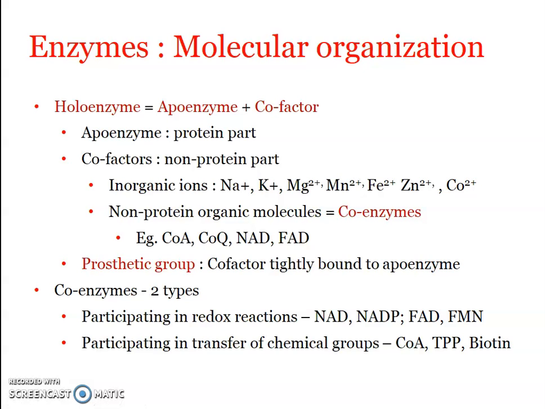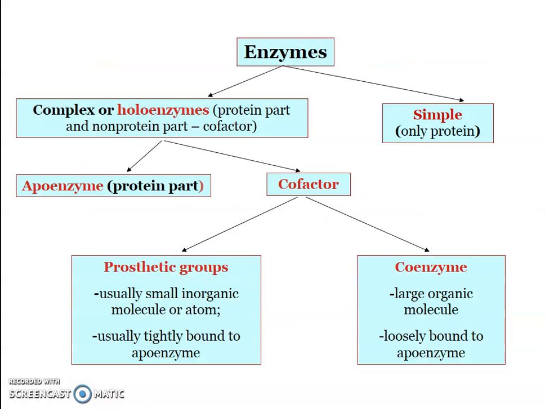So, this is about enzymes. Now this is a classification. Enzymes can be divided into complex enzymes, the holoenzymes, and simple enzymes. In simple enzymes, there is only protein in the chemical composition, while the holoenzyme is formed of a protein part and a non-protein part.